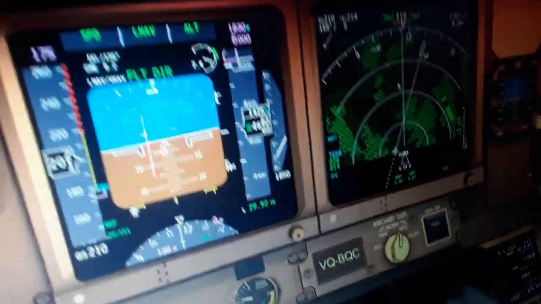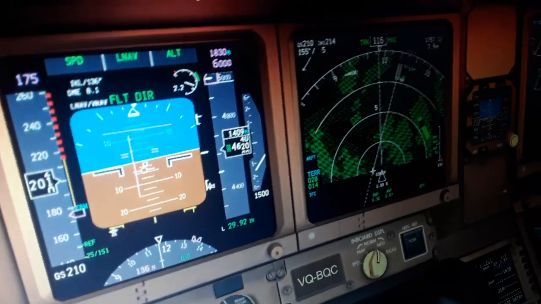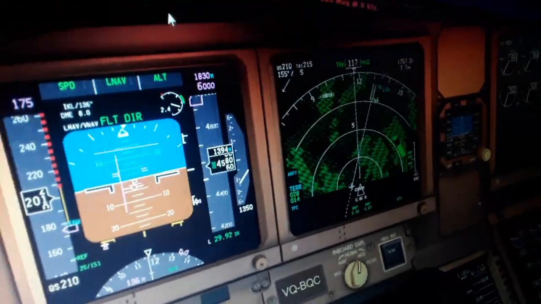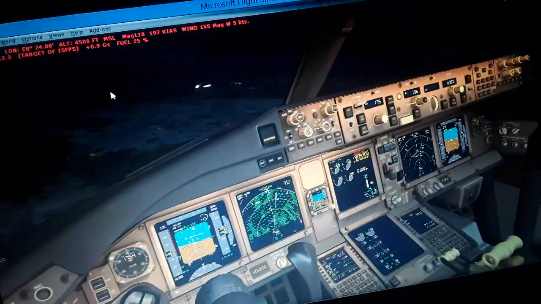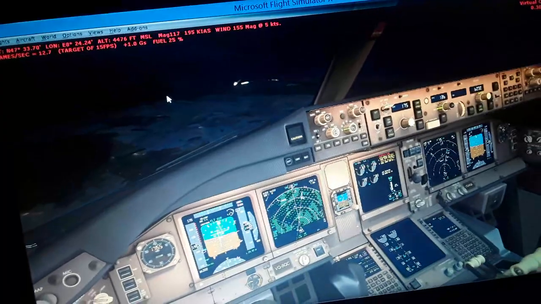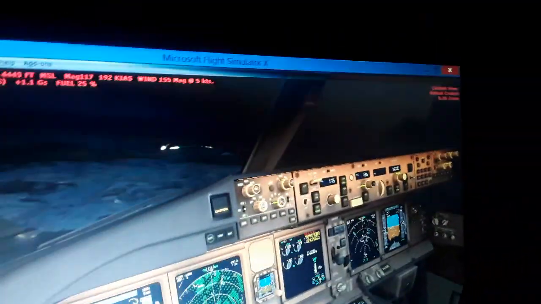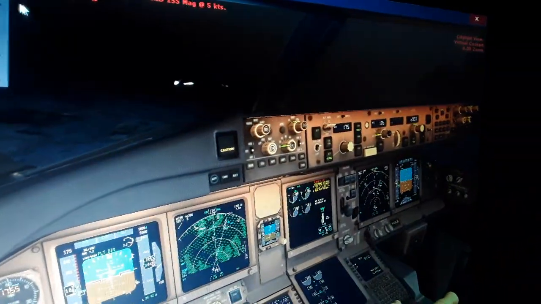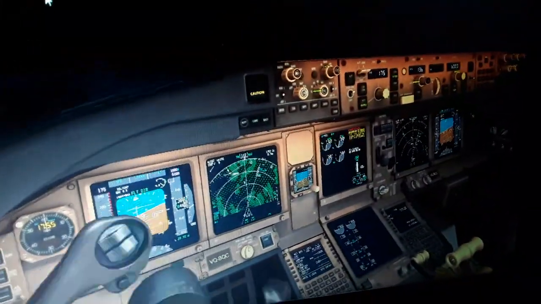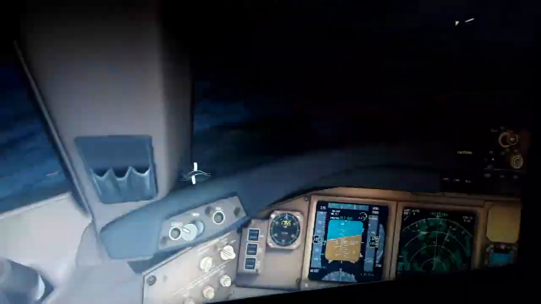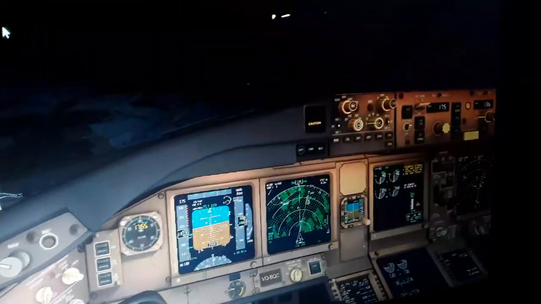So you can see the LSZH localizer. So we have 1 more minute left to go before this video will end. So I need to come a little bit closer.